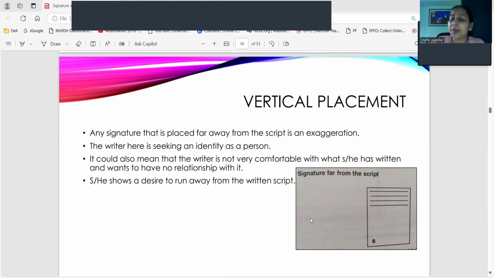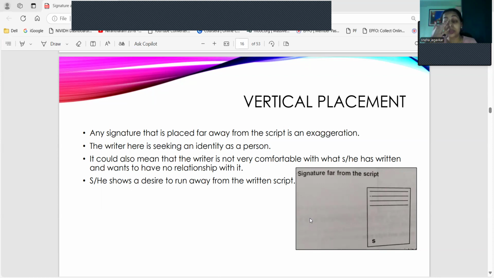Now, when this is a complete negative trait, we cannot make our clients, or if at all you come across such kind of client, we cannot make them know upfront, or make them feel offended by saying that you do not wish to identify with your script because your signature is so and so, or the placement of the signature is so and so.